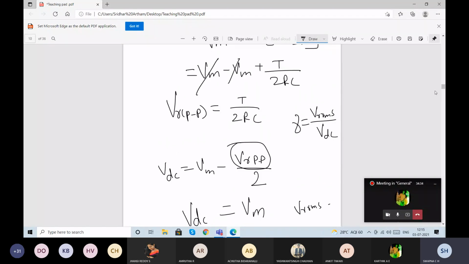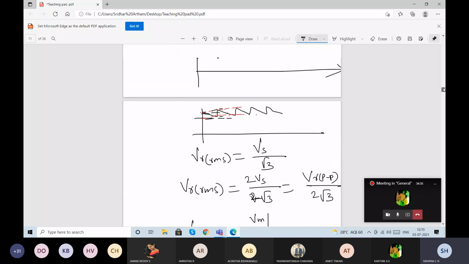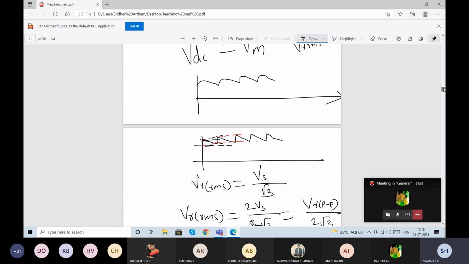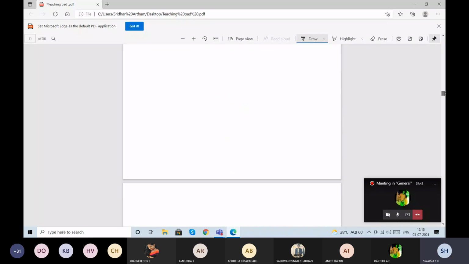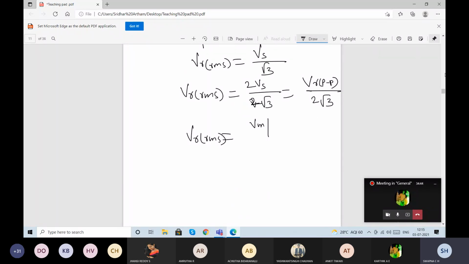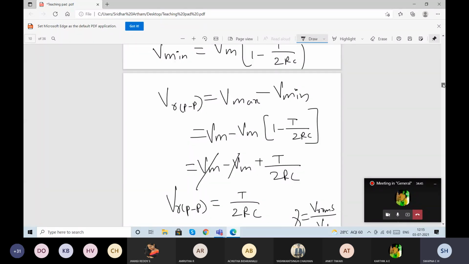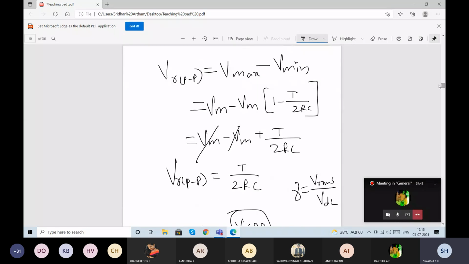I'll just show you the derivation once again. You can copy it. So VR peak to peak is nothing but T by 2 RC. See, VM will get multiplied inside this term also.